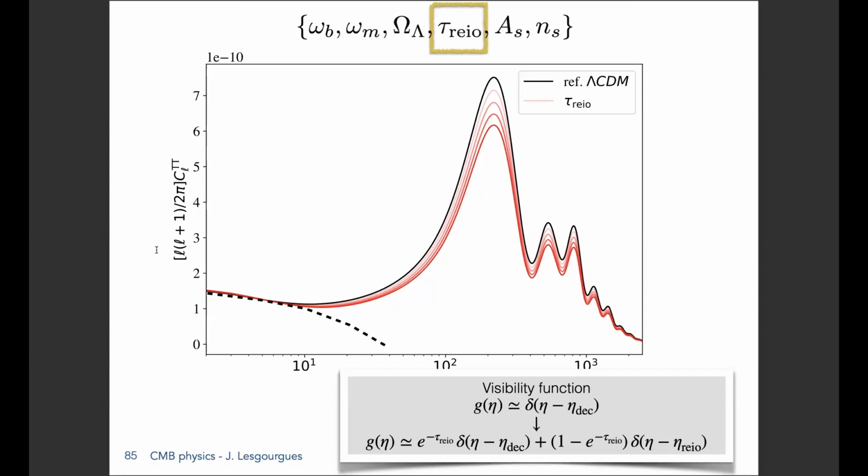But the photons that last scattered at reionization do not carry a structure with this correlation and these peaks. They are much smoother. So we have a washing out of our spectrum. A lower spectrum means less angular correlation, because we have less contribution from correlated photons and more contribution from uncorrelated photons. And this is why we have this overall factor.